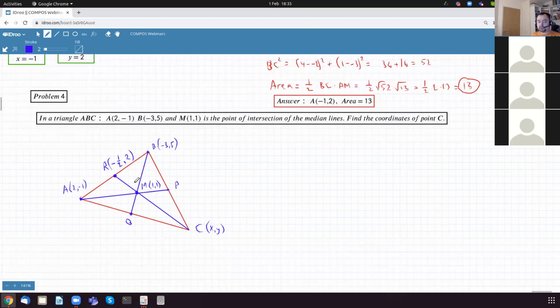There is actually a much easier way. Maybe introduce vectors. What do we know about RM and MC?